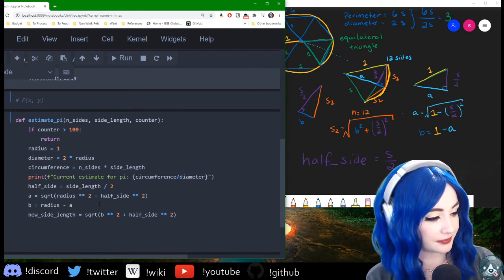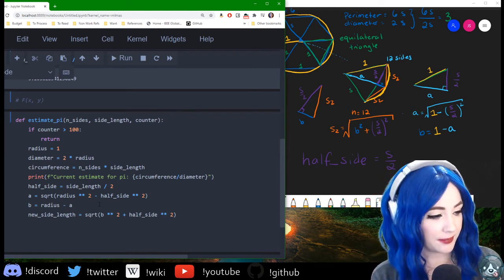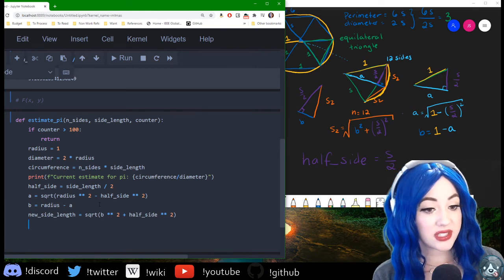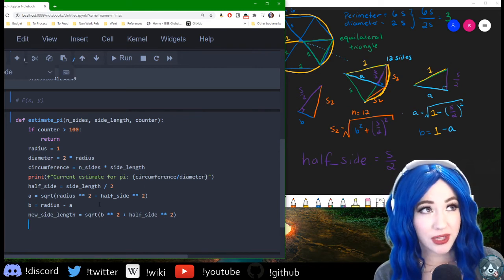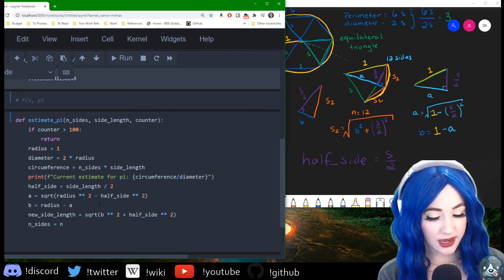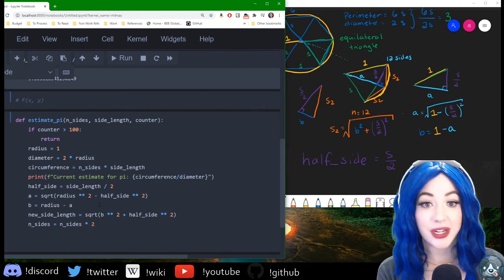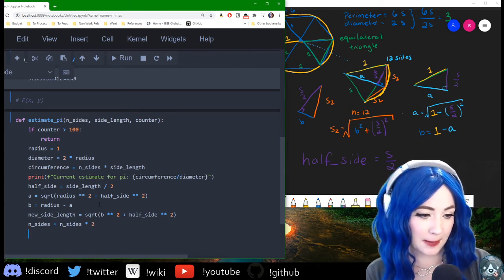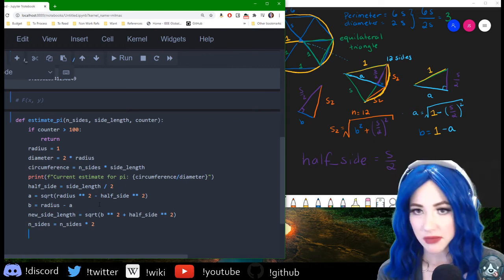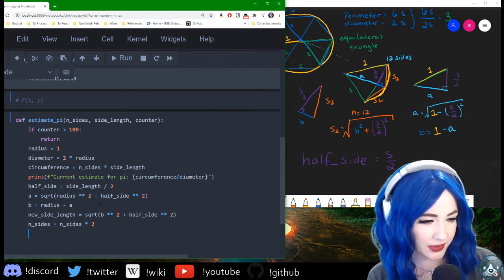And okay, so we got a side length, and then this side length though corresponds to, remember, we're cutting things in half, so we're doubling. So our n sides is going to be equal to our n sides times 2. We're going to double our number of sides. And like, let's see, who asked about the counter?